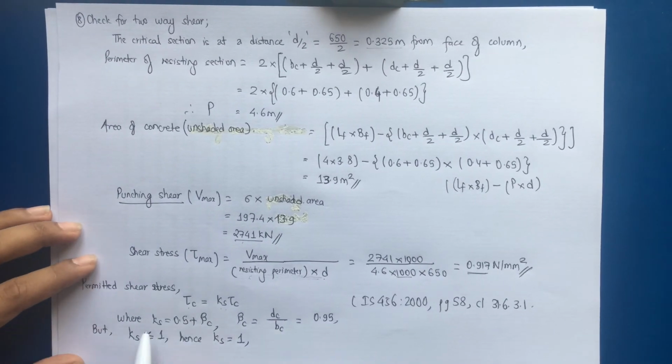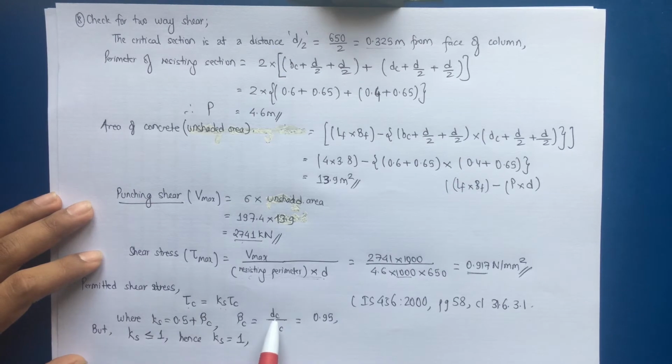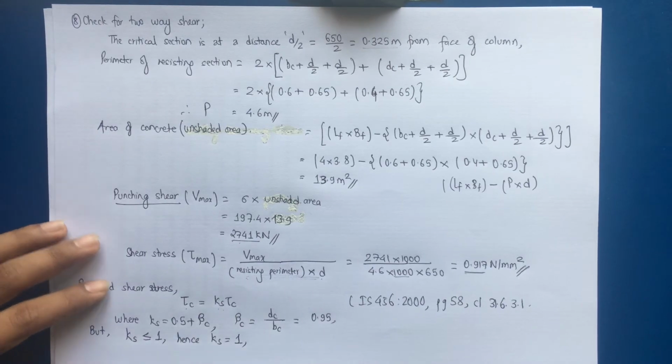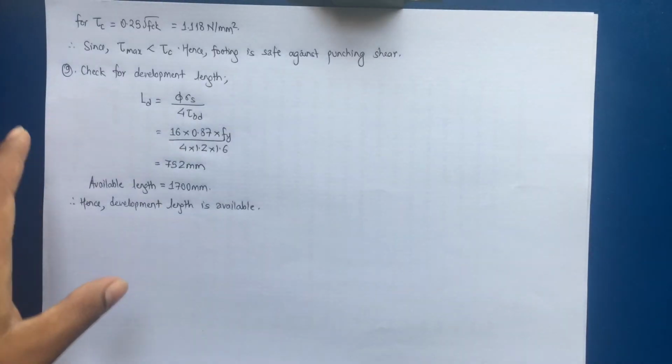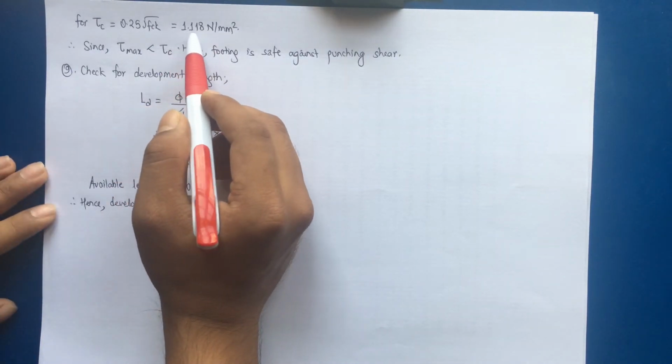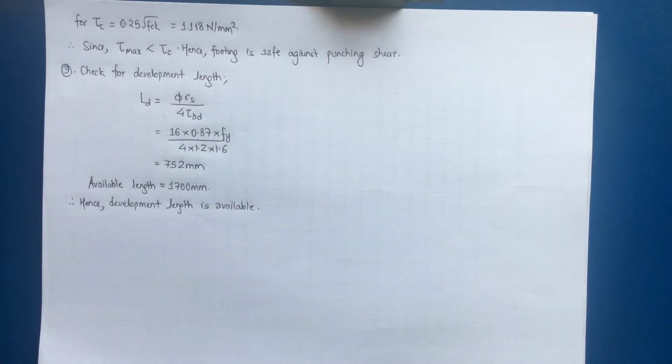So here you can see beta c is equal to the ratio of shorter side to longer side, so this comes as 0.95, and we get Ks is equal to 0.5 plus 0.95, that comes as 1.45, but Ks cannot exceed 1, so we are taking Ks as 1, and tau c is equal to 0.25 under root fck, so this comes as 1.118 Newton per mm square.